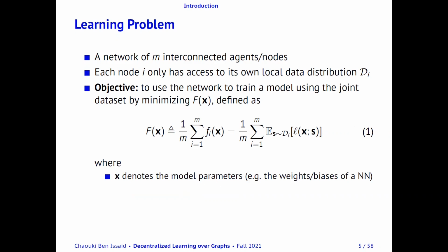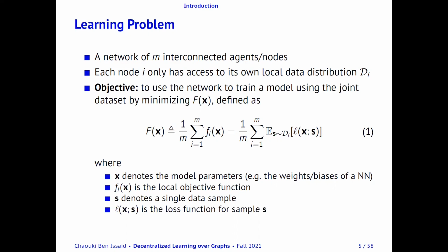It could be, for instance, the weights and biases of a neural network. F_i of x is the local objective function. s denotes a single data sample, and L(x, s) is the loss function for sample s. As highlighted in the introduction, we look not only to solve the learning problem in a decentralized manner, that is, in the absence of a central unit, but also in a communication-efficient manner.